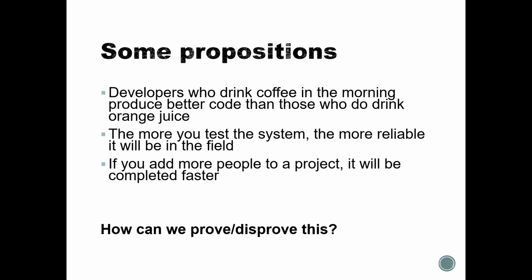And similarly, there is one more: the developers who drink coffee in the morning produce better code than those who drink orange juice. So this is also something which you can see. People who come to work normally take coffee and start doing their work. It's not like people are taking orange juice and start working.